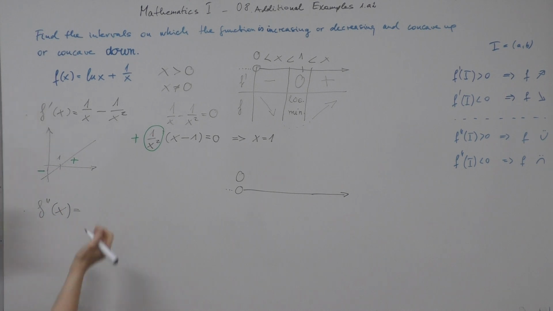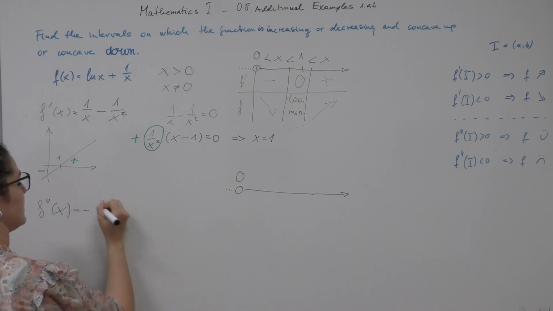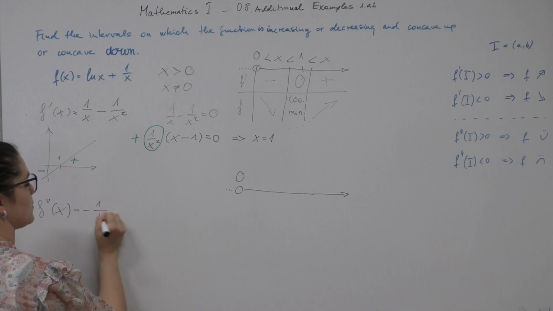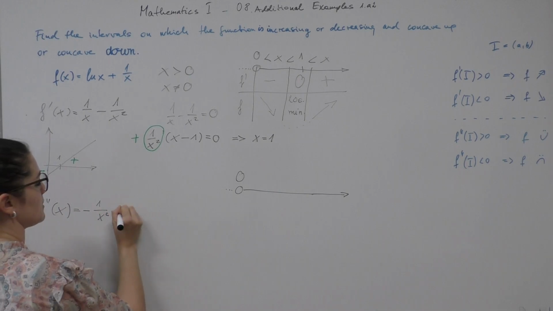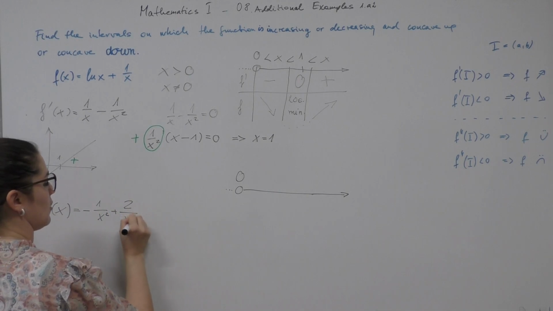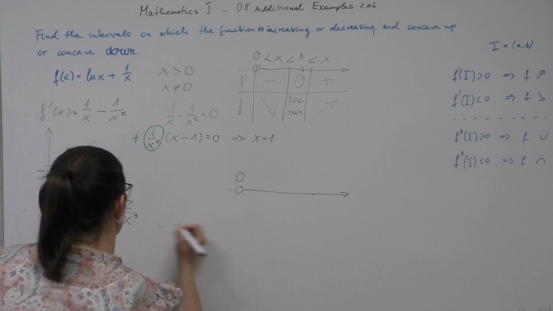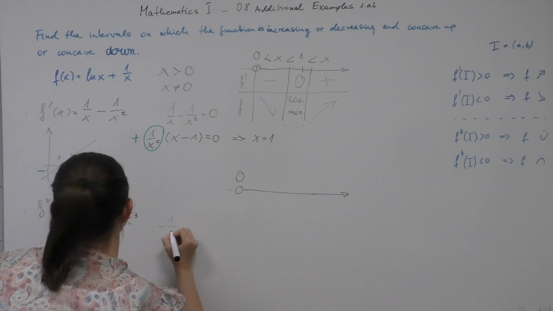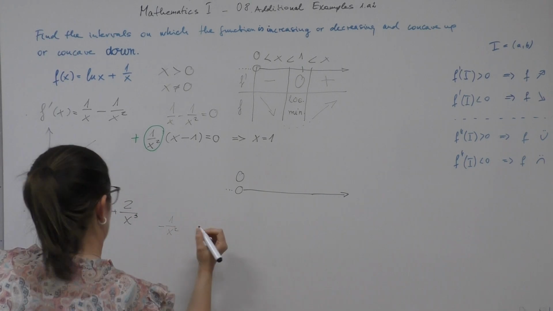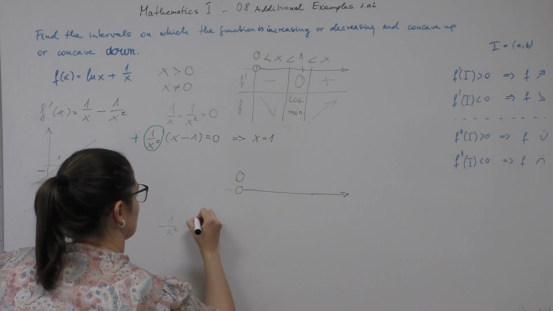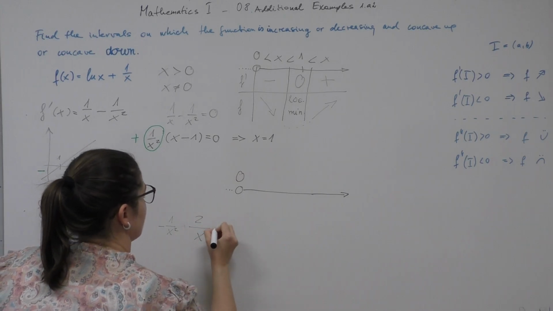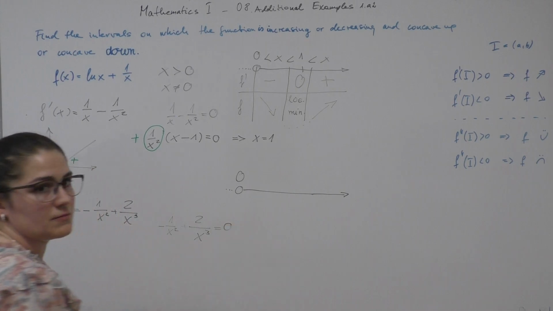This is the first one, so the second one will be negative 1 over x squared plus 2 over x cubed. Now I want to find the zeros of this function, so I have to solve this equation when it equals 0.